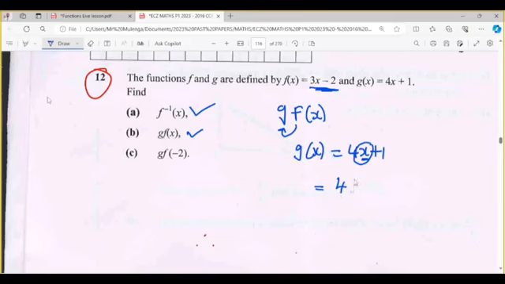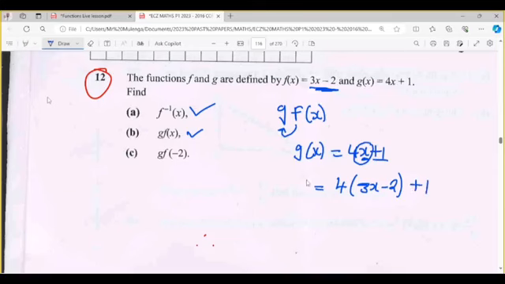So you write 4 open bracket 3x minus 2. I've just replaced 3x minus 2 where we have x on the function of g. Then we say plus 1. I hope you have gotten what I've said.